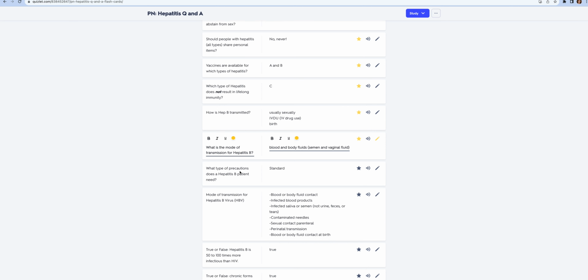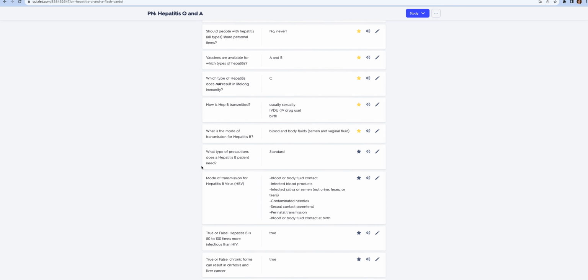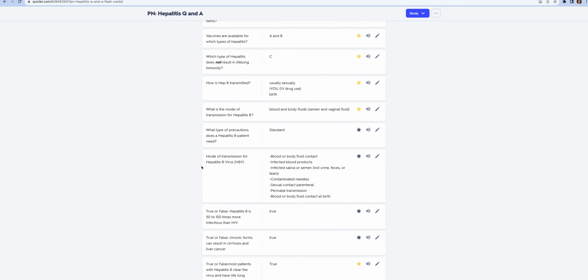Hep B is transmitted through blood and body fluids. So how I remember that is it's transferred through blood and booty fluids. So blood, semen, vaginal fluids. So blood, but not sweat and tears, urine or feces for B and C. All right, so somebody with Hep B is going to be on standard precautions.